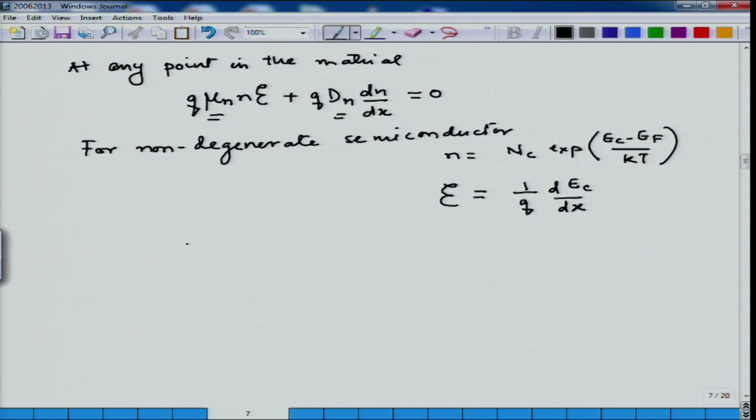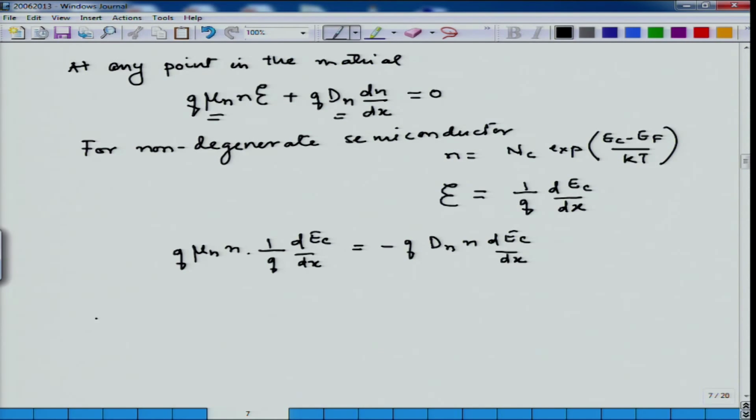So, if I use these expressions for a non-degenerate semiconductor, I can write the electric field can be given as the amount of band bending, dn, and dn of dx will be nothing but n times dEc dx.